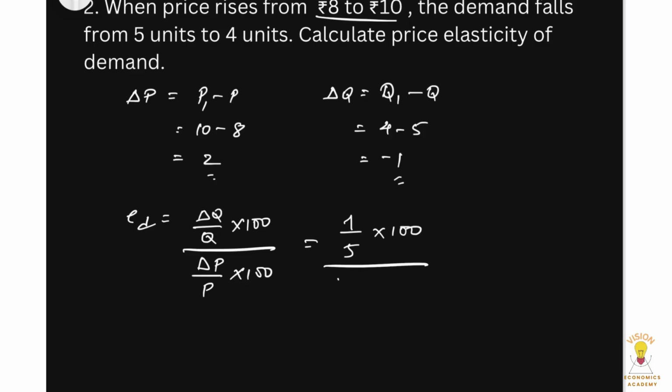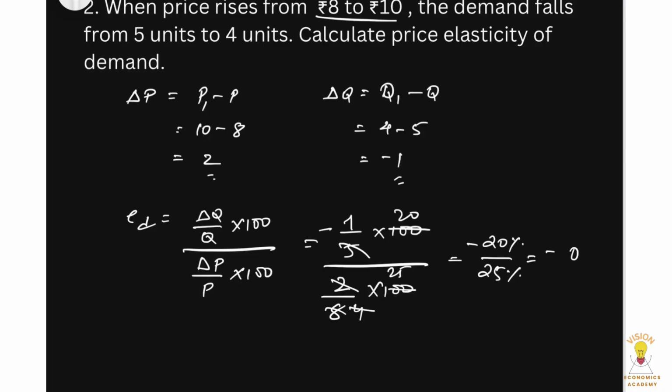The change in price is 2 by the initial price, 8, into 100. So 20% by 25%, that is minus 0.8. Okay, so the elasticity of demand is minus 0.8.